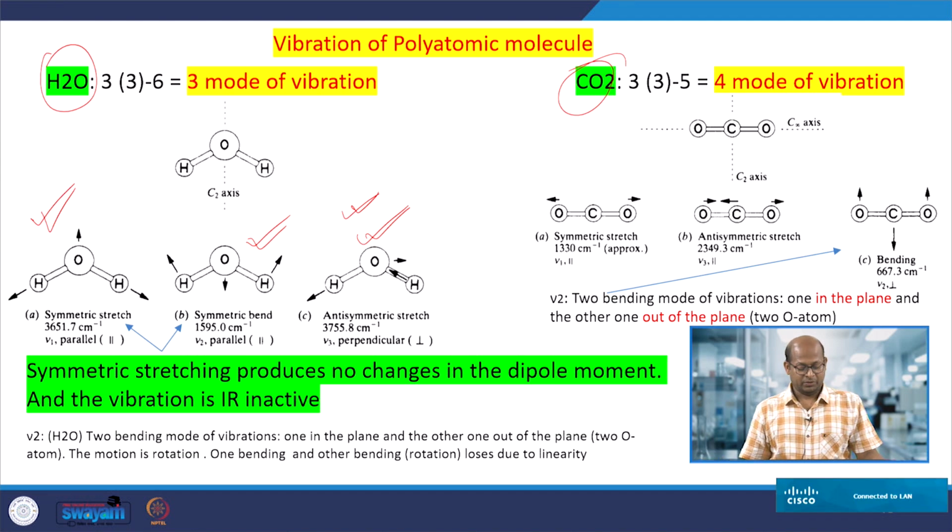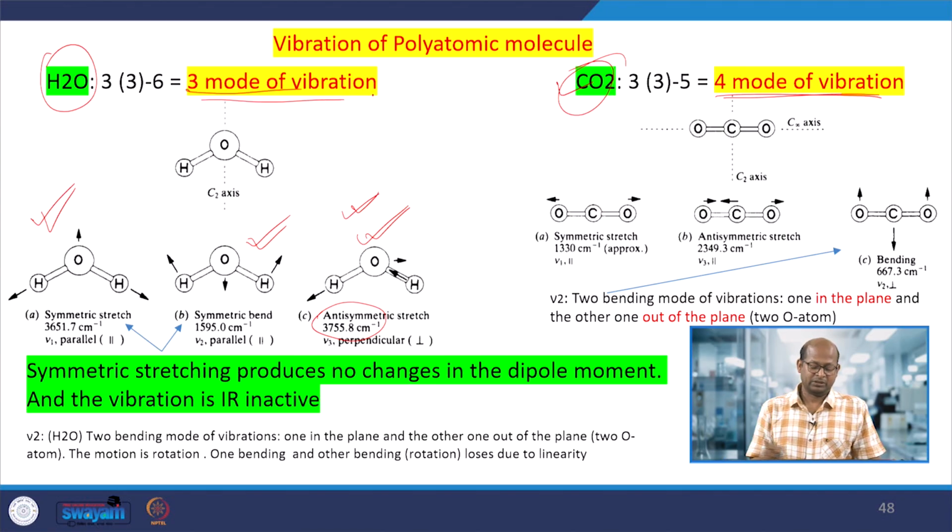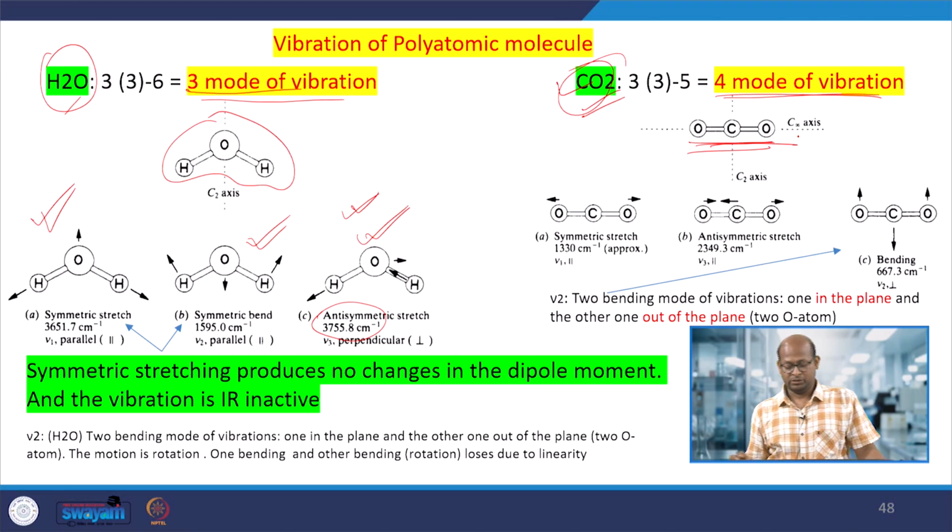So in the case of water, a strong signal usually comes at around 3755 centimeter inverse. In the case of CO2 molecules, four modes of vibration are there, while in the case of water there are three modes, since water is a non-linear molecule and CO2 is a linear molecule.